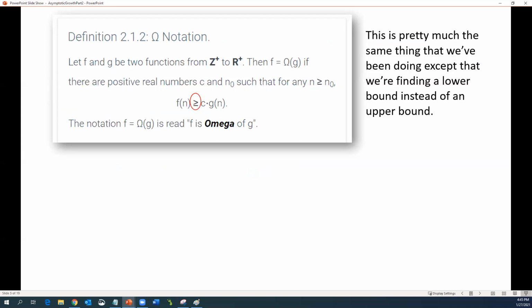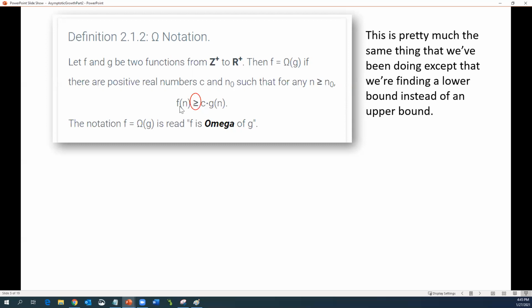So here we're saying let f and g be two functions, and if we can find real numbers c and n naught, such that as soon as we get past a certain point, past n naught, then the constant multiple times g is less than f of n.